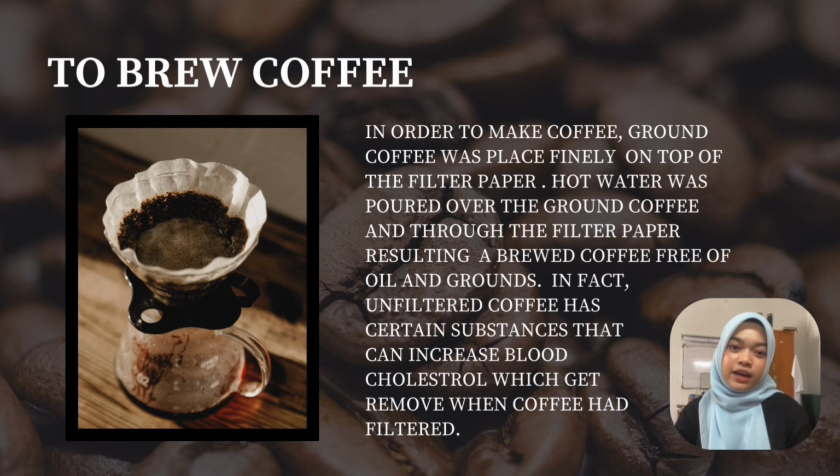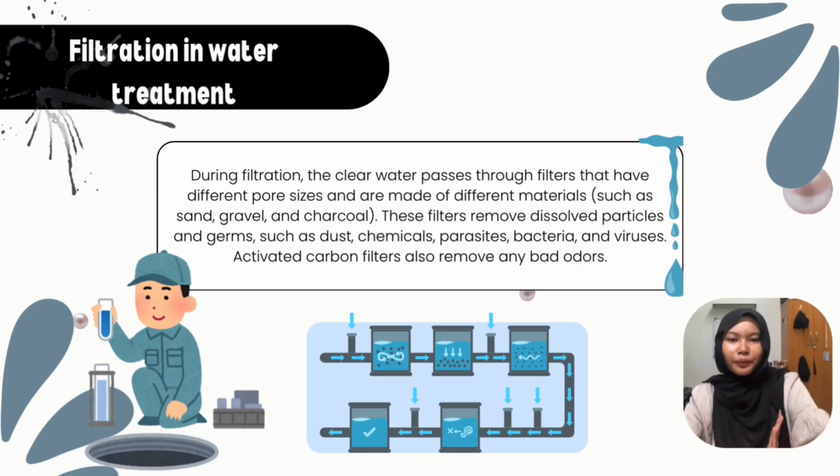In fact, unfiltered coffee has certain substances that can increase blood cholesterol, which get removed when coffee is filtered. In this case, the grounds trapped in the filter paper are called precipitate or residue, and the water that has been filtered is called filtrate.